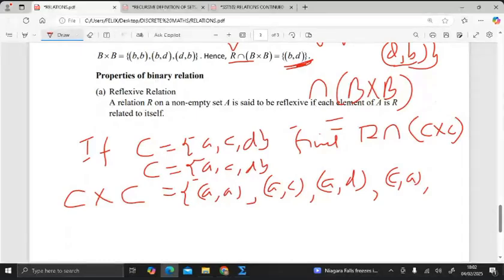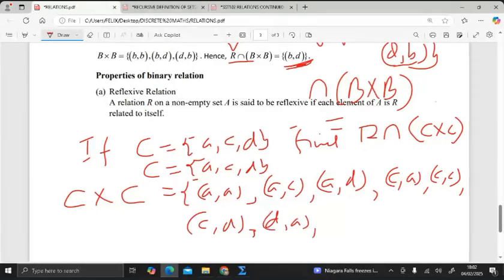For you to see that clearly, have another C here. We shall have ACD. You see AA, AC, AD, and then now you have CA. Are you seeing that? You have CC, you have CD, you have DA, DC, DD. That is it.